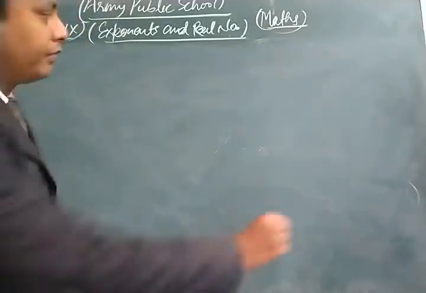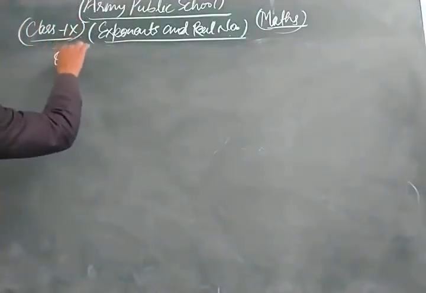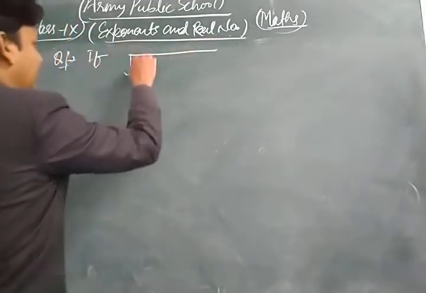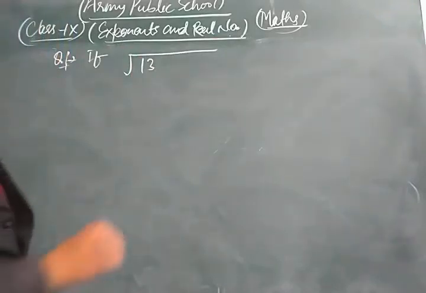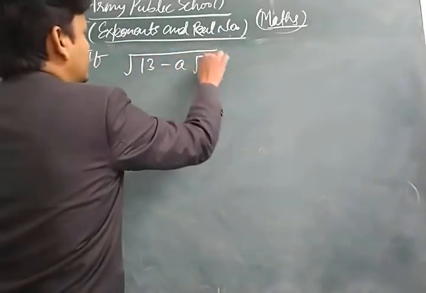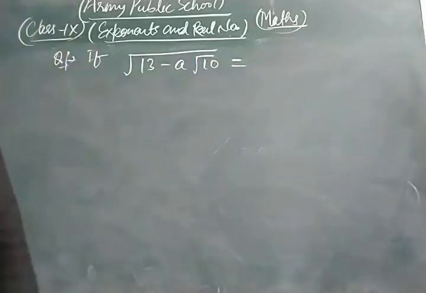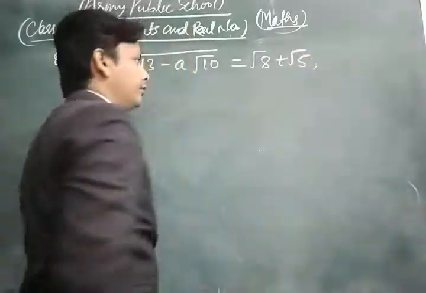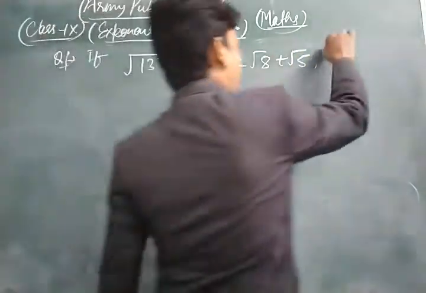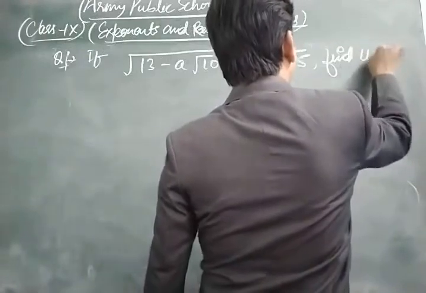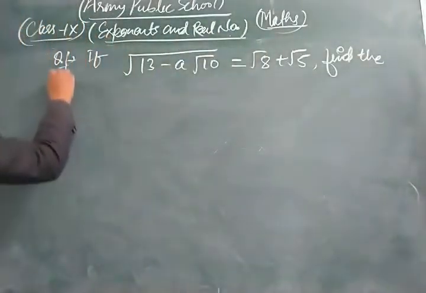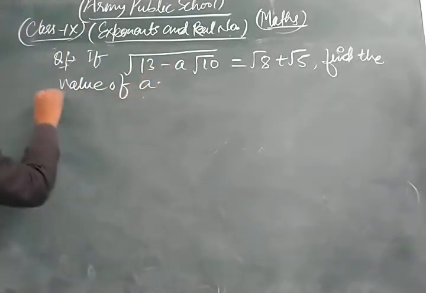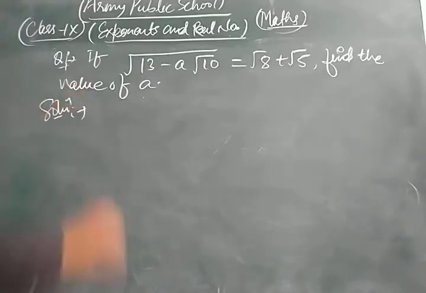And your question is, if square root of 13 minus a into under root 10 is equal to under root 8 plus under root 5, then find the value of a. Now let's see its solution.